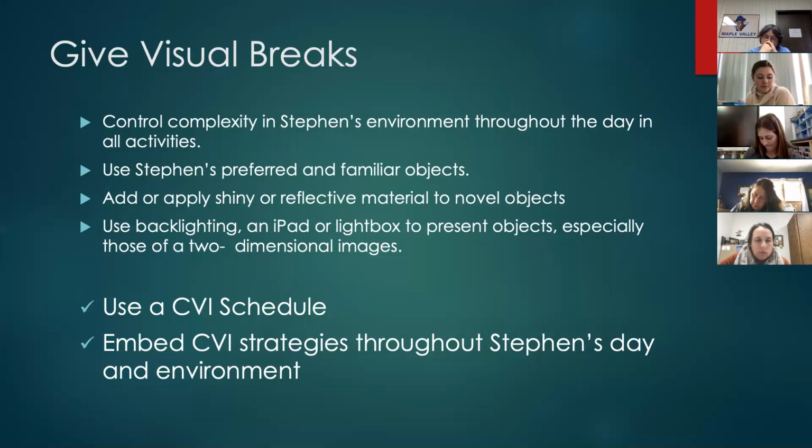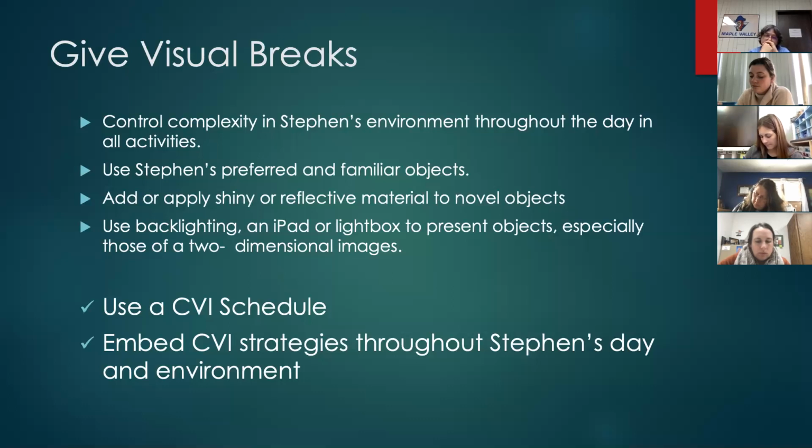These are all supports that will make life a little easier for him so that he can perform. And that doesn't mean that we want him to have these reflective or shiny materials on his objects all of the time. Like I said, we graduate to a new item that maybe has shiny or reflective material on it, then we take that away, so he can be without that support.